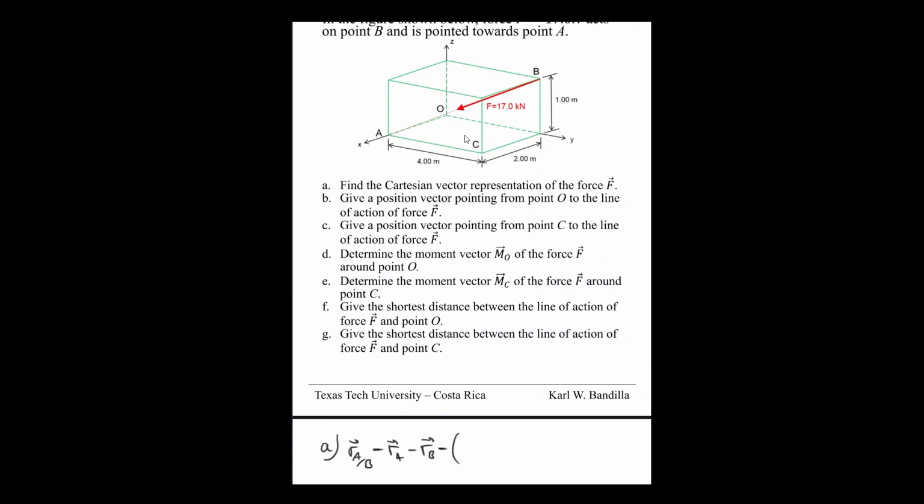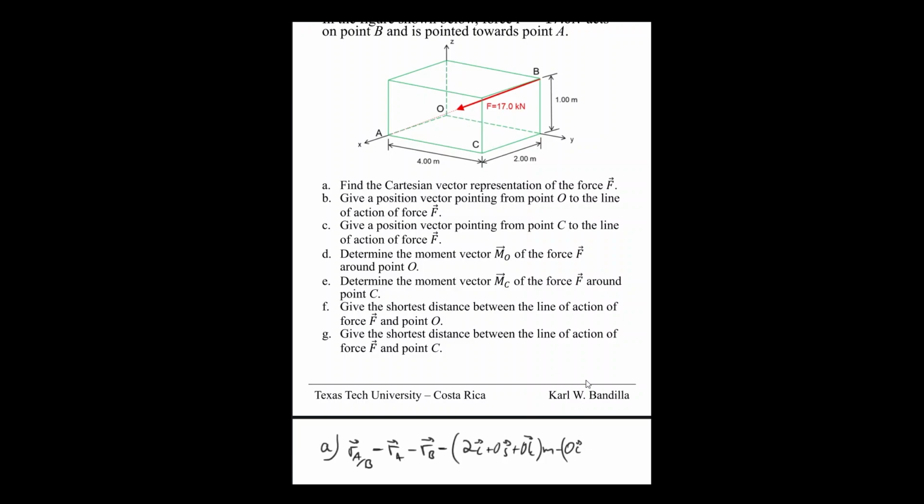Let's see. Where do we go? We have to go in the x direction from the origin to A. Right? We're 2 meters in the i direction, 2i. Don't have to go anywhere in the y direction, 0j, and we're also not going anywhere in the z direction, 0k meters, minus, want to go to B. We don't go anywhere in the x direction, so 0i.